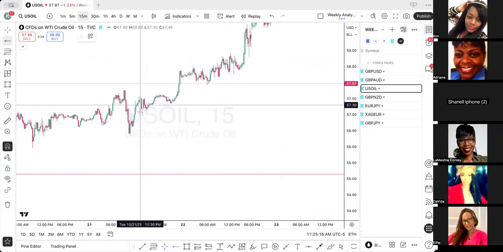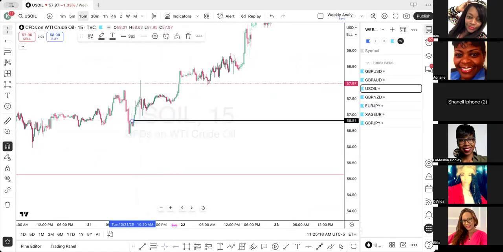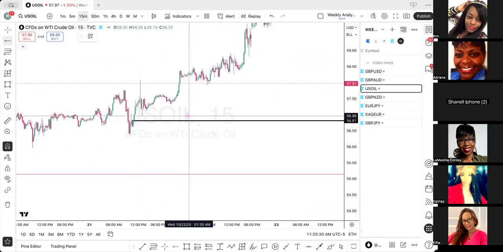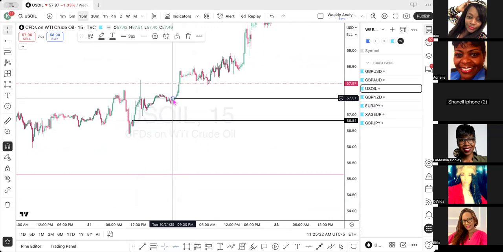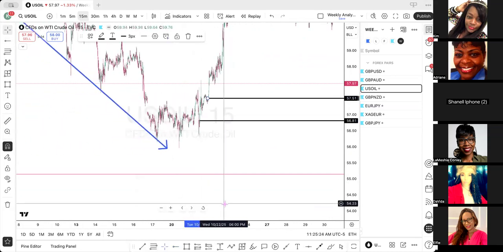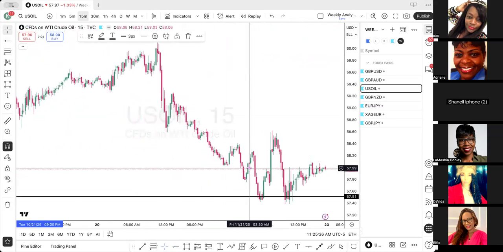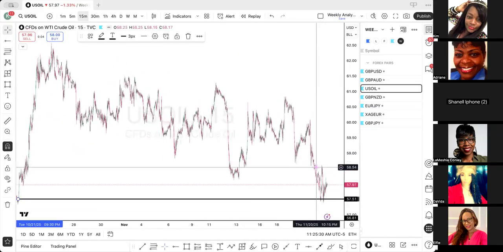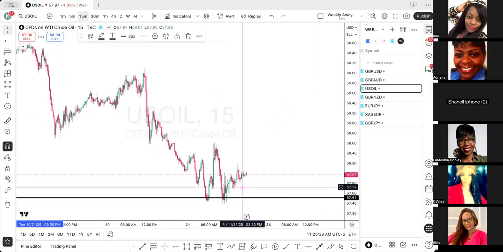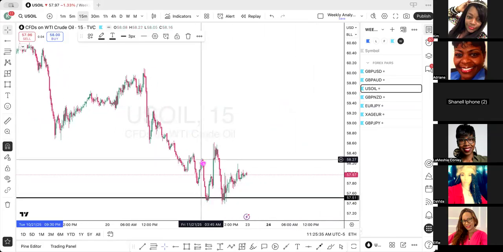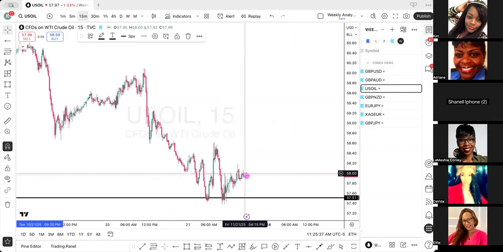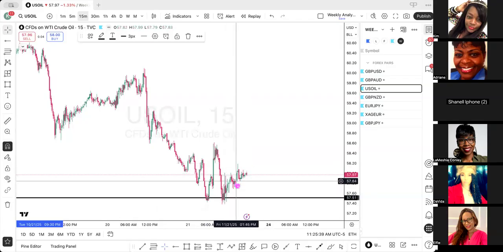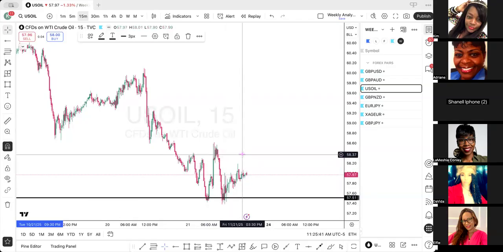So right here is a zone. And let's just mark this one right here. So I would be looking for price to sell back down to, oh, it already has, it sold back down to here. Not only did it sell back down to here, it then shifted structure, pulled back to this zone. But there was no impulsive move as of right now to the top.